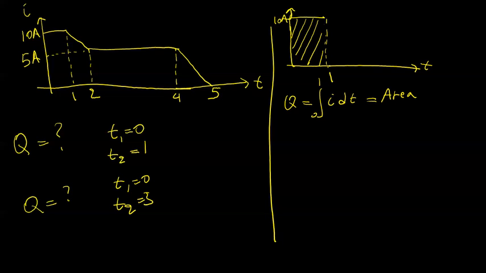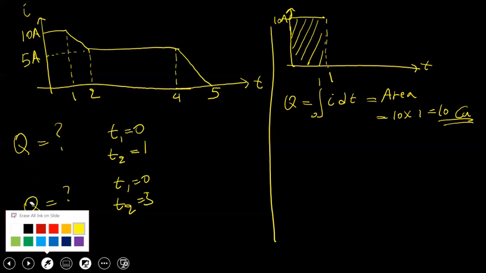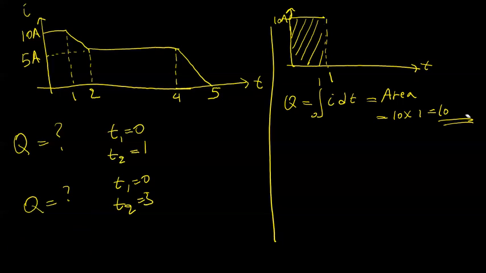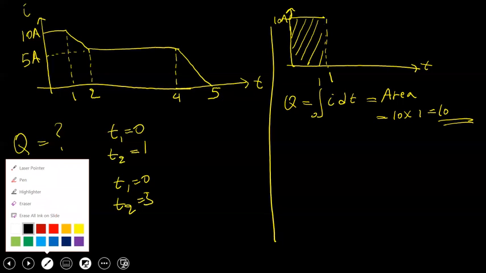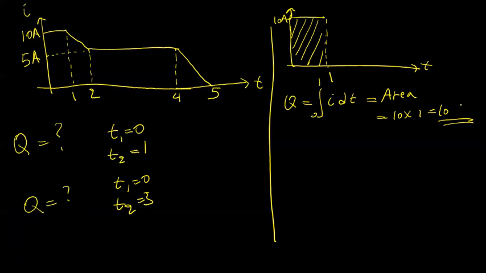So this is 10, horizontal is 1. So this is 10 times 1, which is 10. So the unit is 10 coulomb.